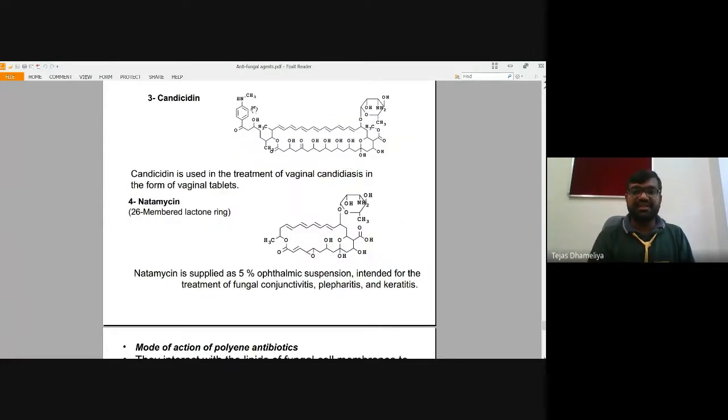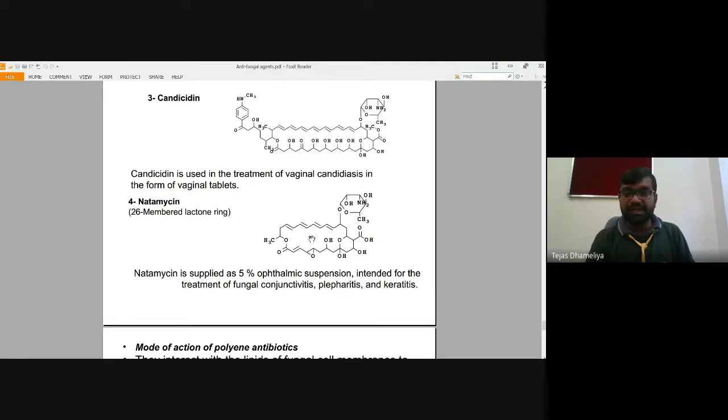Candicidin is also a polyene antibiotic. Polyene means more than one double bond. Here 1, 2, 3, 4, 5, 6, 7, 8 double bonds are present in candicidin, which is used in some vaginal tablets for vaginal infections. Natamycin is a 26-membered lactone ring, available as a 5% ophthalmic suspension.